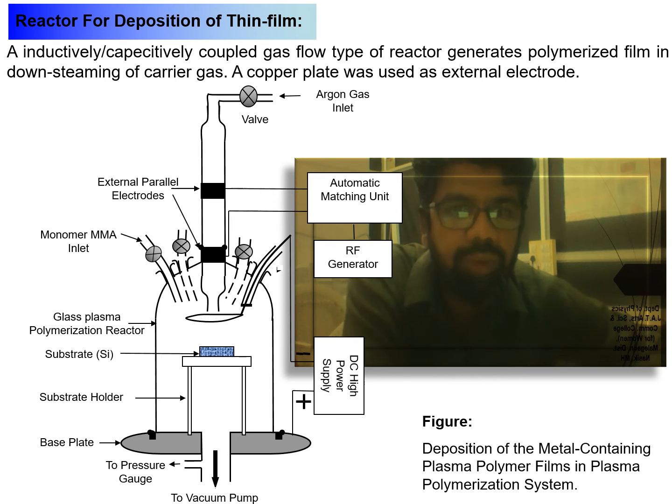Above the substance, we have a metal wire. It is directly connected with the DC high power supply. And above this, there is a black part, which is considered a capacitively coupled electrode, and it is directly connected to the RF generator. So this is called the RF generator plasma polymerized system.